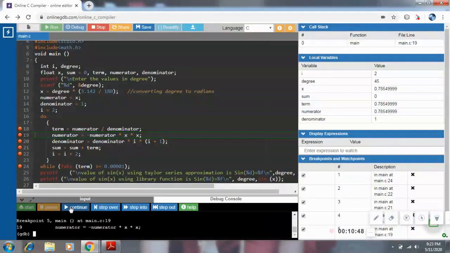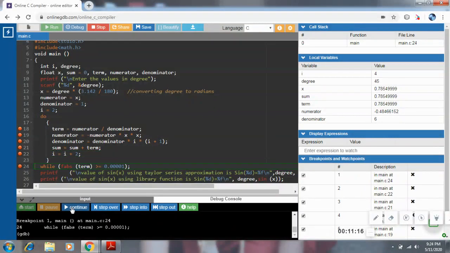So the term is calculated. Keep observing in this section. The value of denominator has become 6 for the second term. That is 3 factorial, 3 into 2 into 1. It will increment the i value by 2.